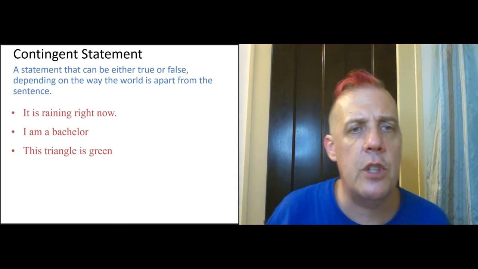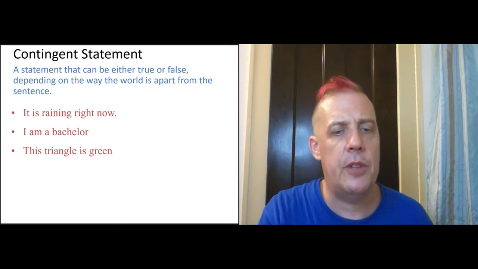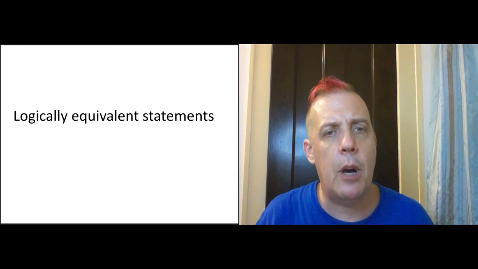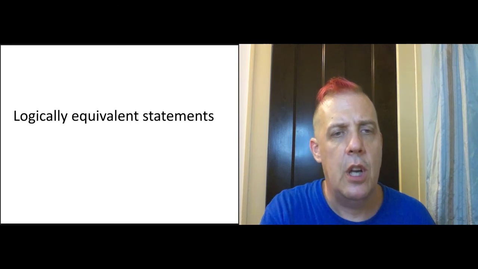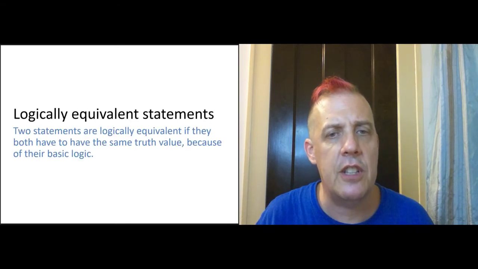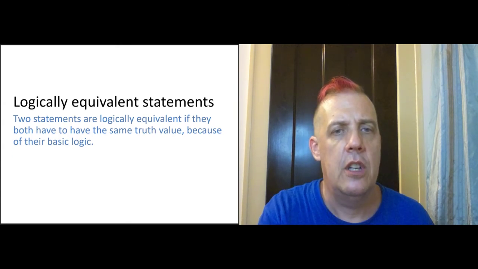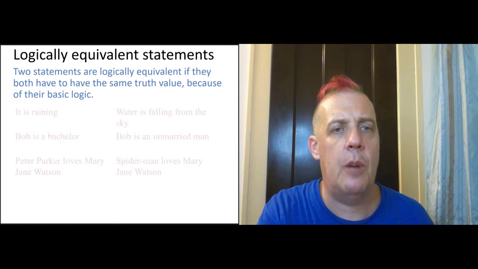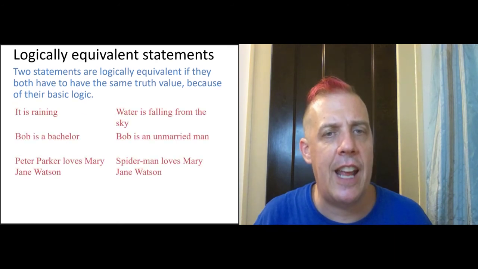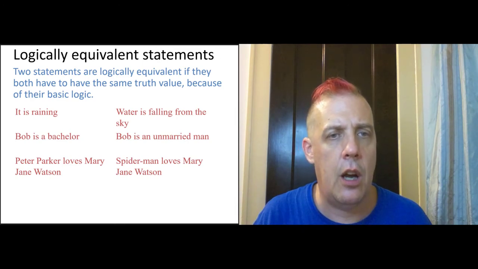So those are things we do with single statements. When we talk about pairs of statements, we say that they are logically equivalent if they must always have the same truth value because of their basic logic. So, it is raining and there is water falling from the sky are logically equivalent. If one is true, the other is true.